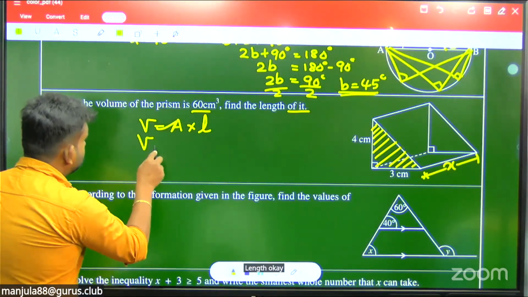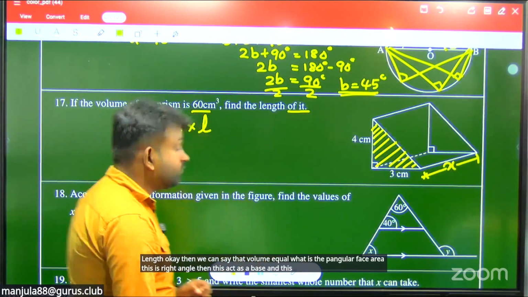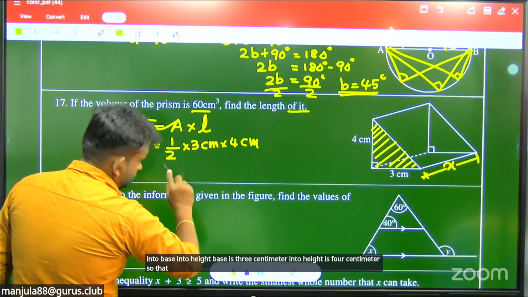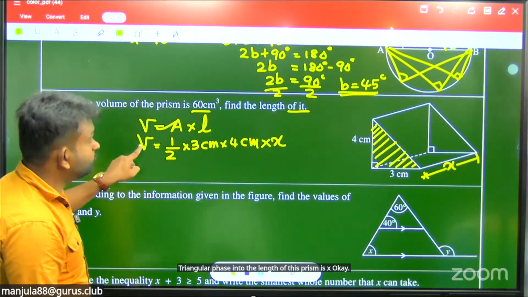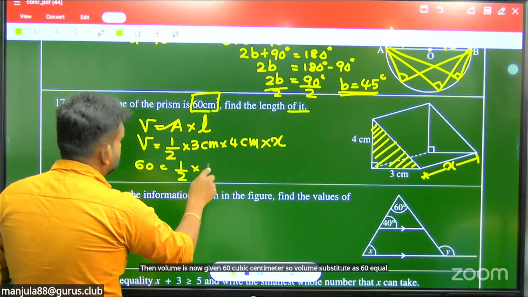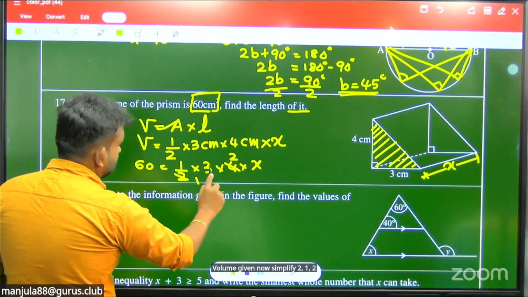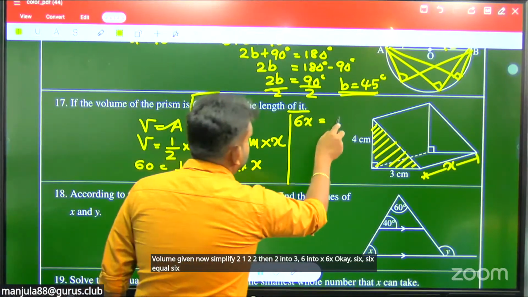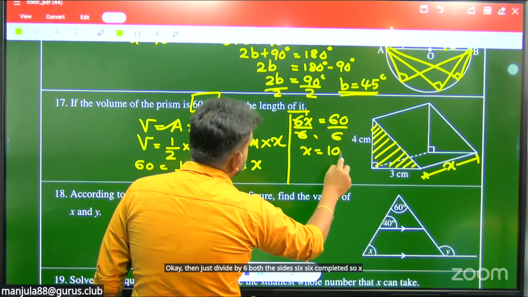Then volume equals the triangular face area times the length. This is a right angle, so one side acts as the base and the other as the height. Half times base 3 centimeters times height 4 centimeters, times the length of the prism x. The volume is given as 60 cubic centimeters, so 60 equals half times 3 times 4 times x. Simplify: 6x equals 60. Divide both sides by 6, so x equals 10 centimeters.